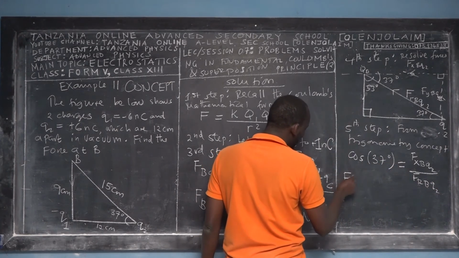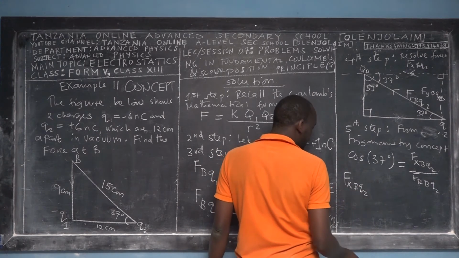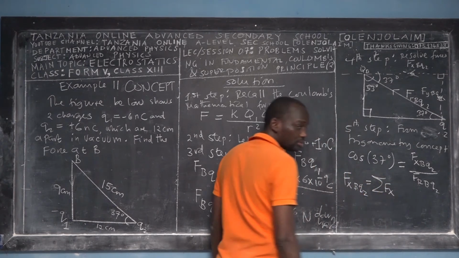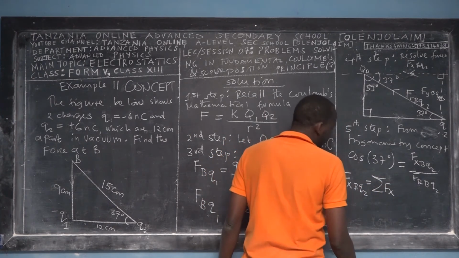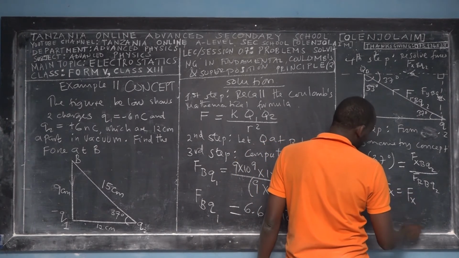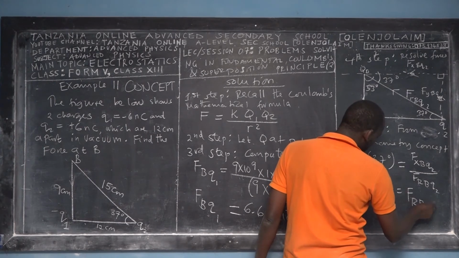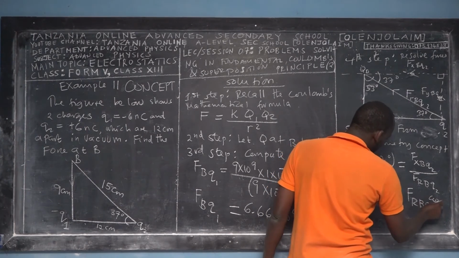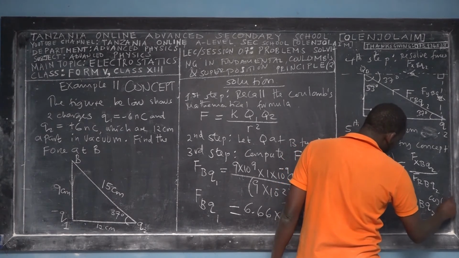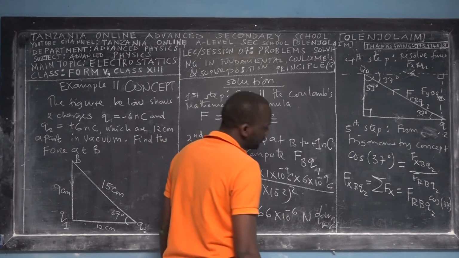So the horizontal component of the force BQ2, which we used to call the sum of Fx, will be equal to the resultant force BQ2 cosine of 37. So that's one of the equations.